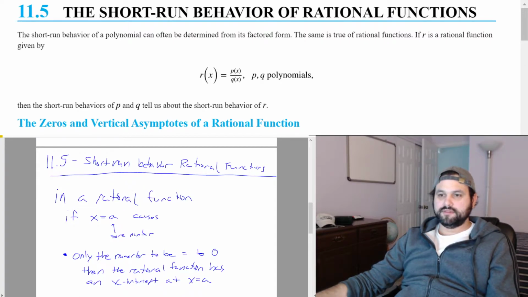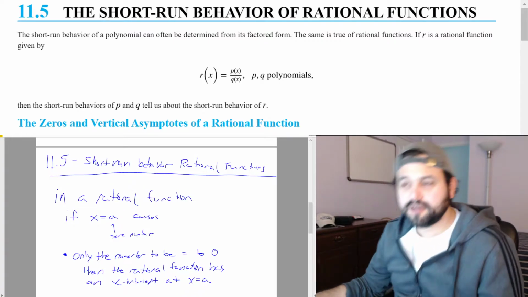Well, how about only the denominator? So if it causes only the denominator to be equal to 0, then the rational function, well, what do you guys know about when the denominator is equal to 0? What's going to happen?